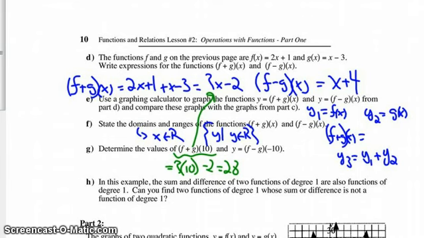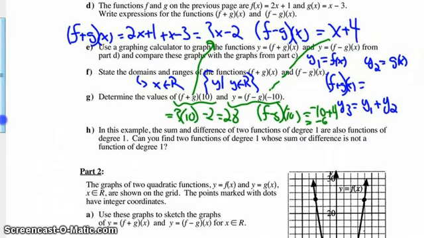And if I want to know f minus g at 10, I can simply go to this function right here, and f minus g at 10 would clearly be minus 10 plus that 4, which would be equal to minus 6. So it's much easier to just use those functions, and then go to your calculator.